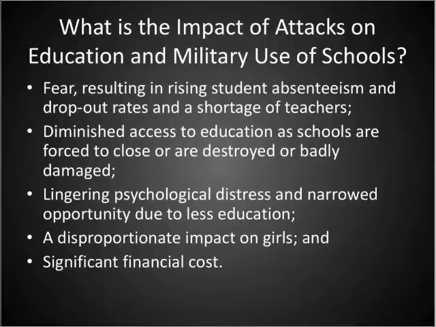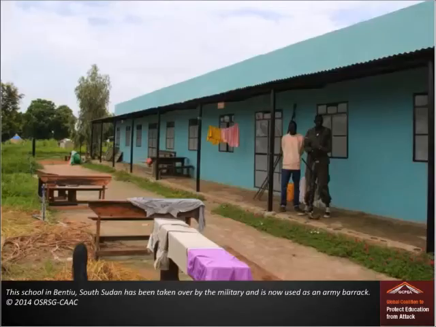And there's a significant financial cost which really lays to waste all the money that donors are putting into education systems in conflict-affected countries. In South Sudan, for example, the education cluster estimated in 2011 that the cost of rehabilitating a school that had been used for military purposes was $67,000 US per school.